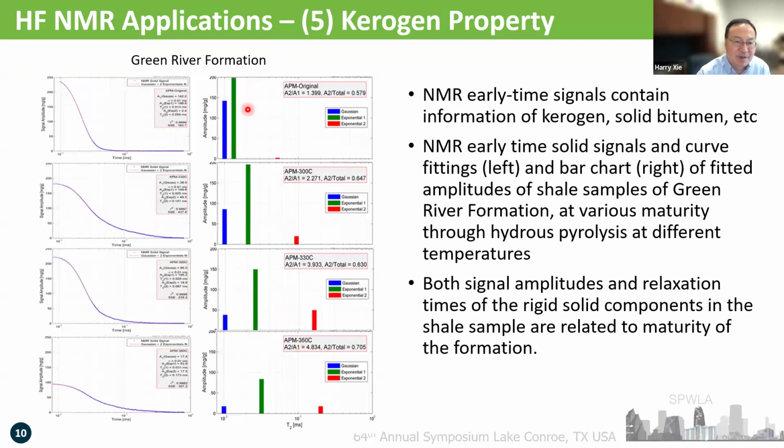You can see the green part move away from the blue, and the height also changes. That indicates some oil was produced and the maturity changed, and NMR can detect and measure the change. So that's just an example. Using NMR combined with geochemical analysis, we can get kerogen properties directly measured by NMR, and we can also measure other different formations to do the work.